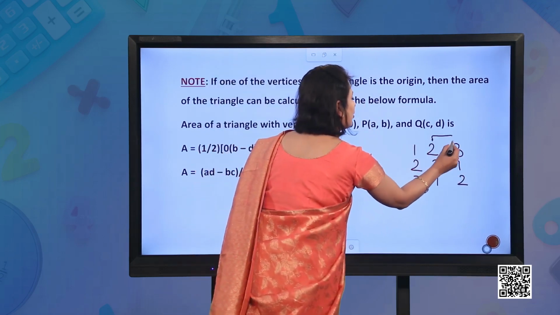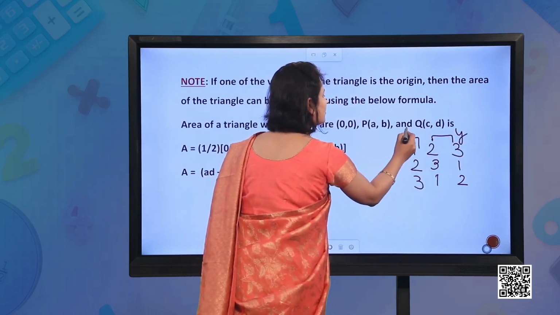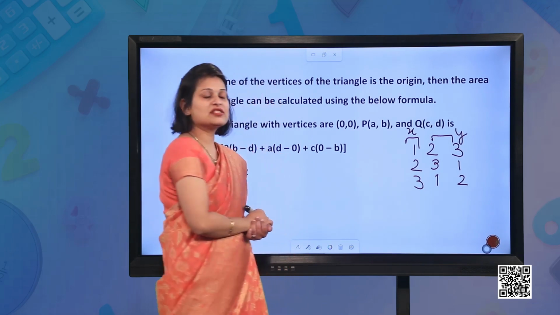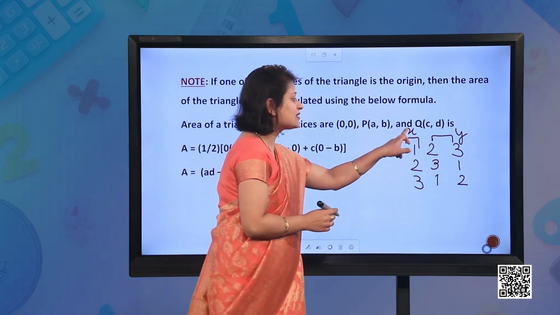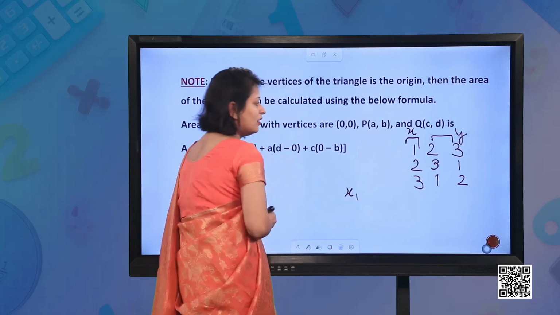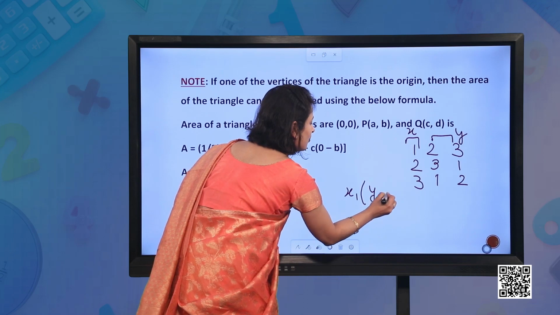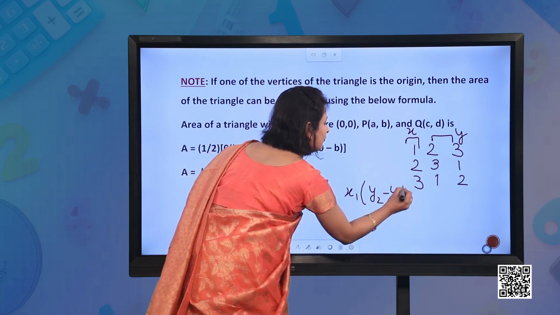These values are for y coordinate and this value is for x coordinate. Means whenever you will take x as 1, means x1, you have to subtract these two. You will get y2 minus y3.